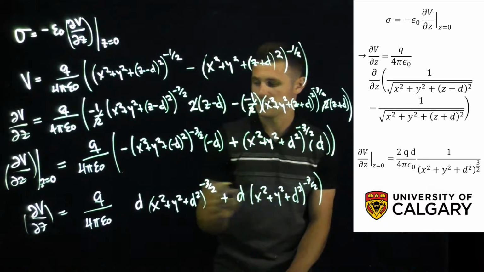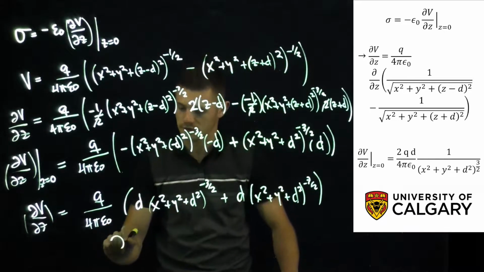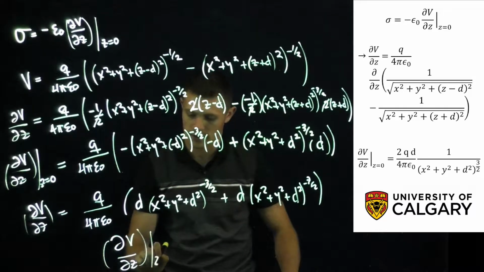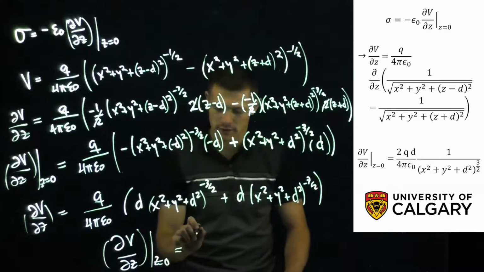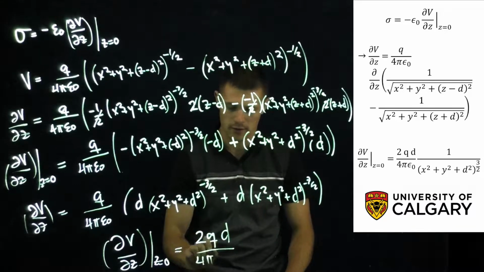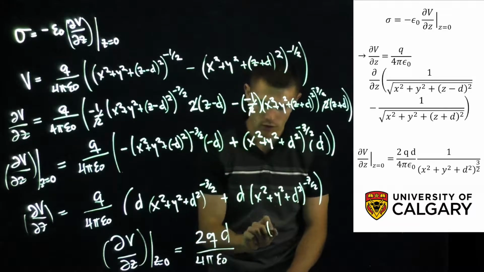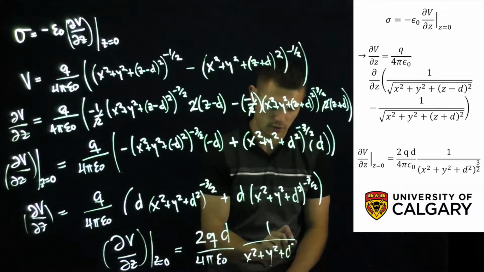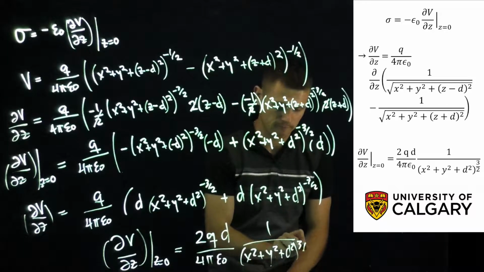And of course, these are the same terms. So our final dV by dz, evaluated at z equal to 0, is 2Q over 4 pi epsilon naught times 1 over (x squared plus y squared plus d squared) to the 3/2.